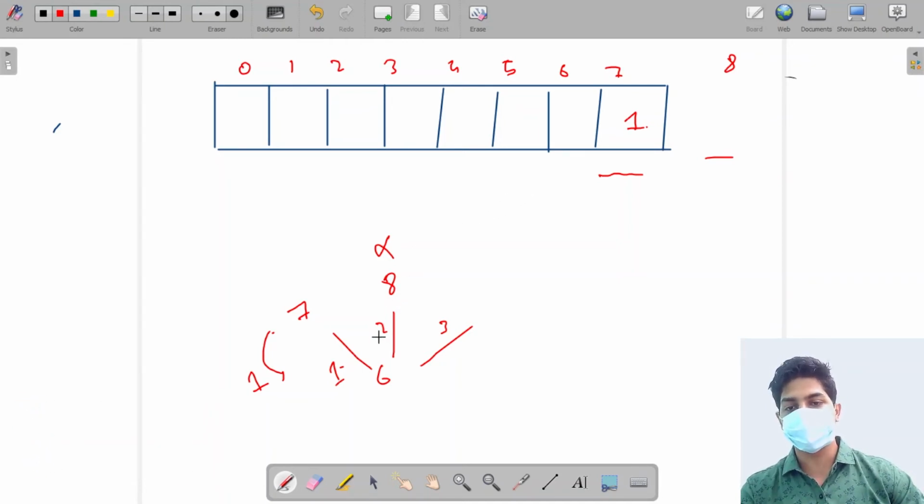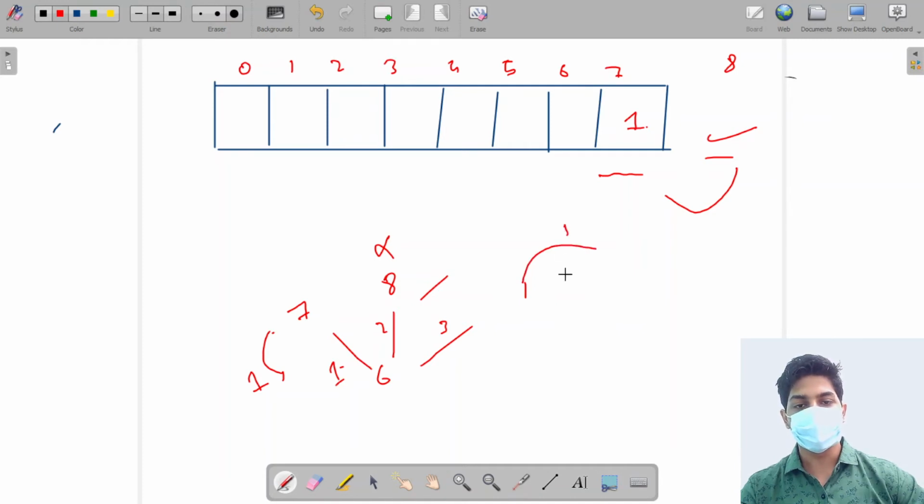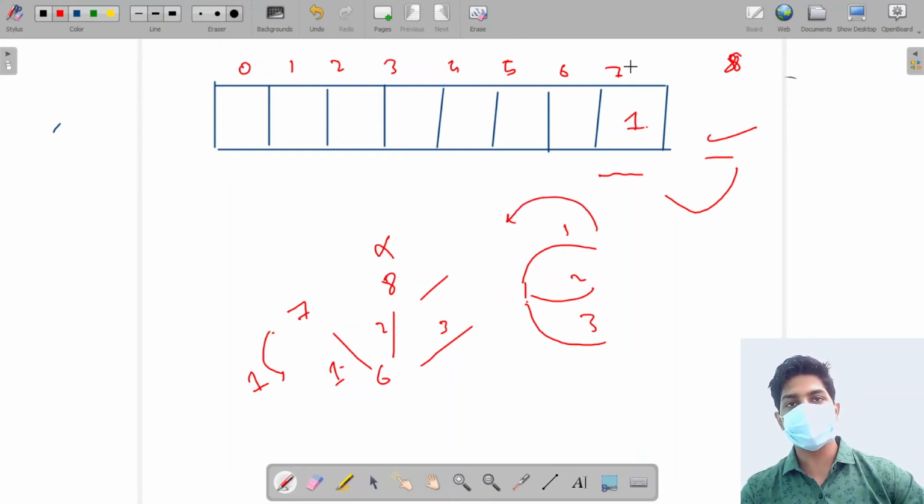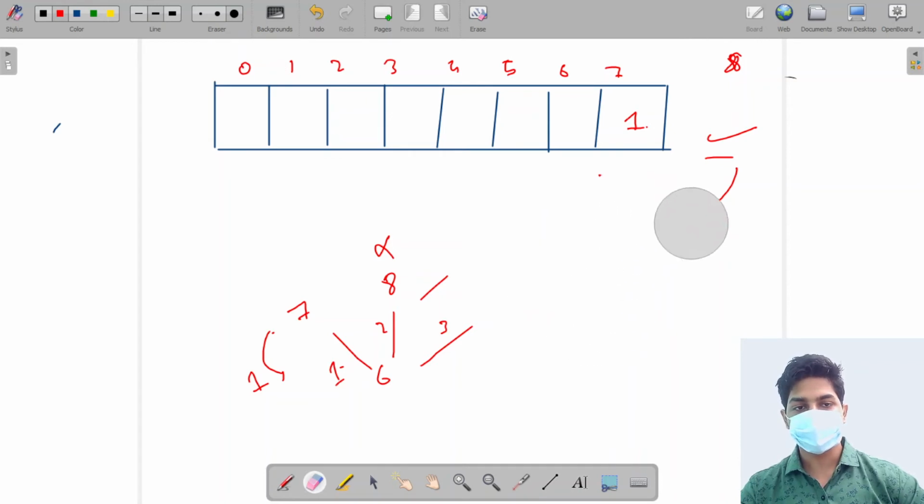The jumps allowed are only in the forward direction: 1 unit forward, 2 unit forward, or 3 unit forward. Once I reach 8, I cannot go backward, so I will never be able to reach back to the destination point. So there is no point in taking a jump which exceeds our destination point. We will discard the jump of 2 unit.